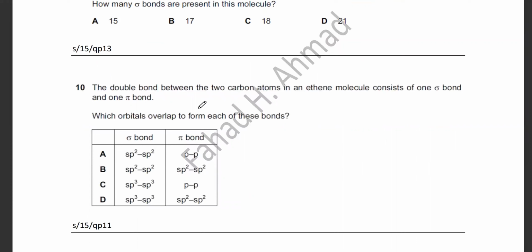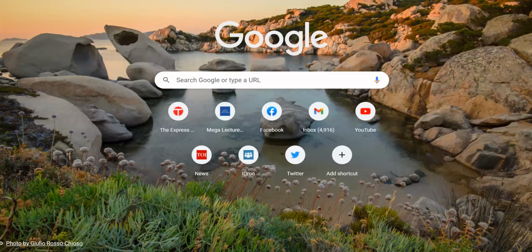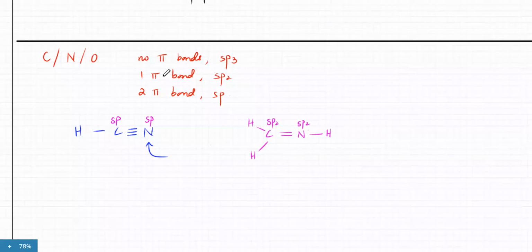So anyways, this question is about hybridization, right? He's talking about an ethene molecule. So ethene is this one, with a double bond. What type of hybridization will it have? SP2, because the rule is: if you have one pi bond, that's sp2.